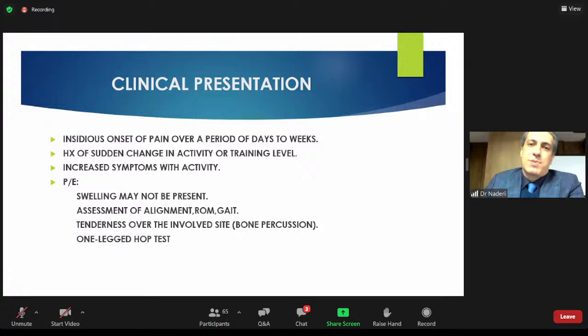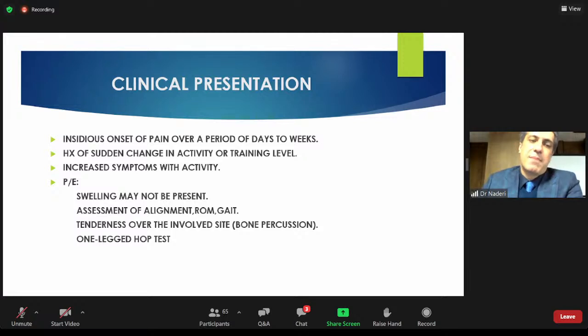The clinical presentation is not quite significant in most cases. The onset of pain is insidious over a period of days to weeks, and there is a history of sudden change in activity or training level, or even the type of shoes the athlete is wearing. Increased symptoms with activity is the other main clinical picture.